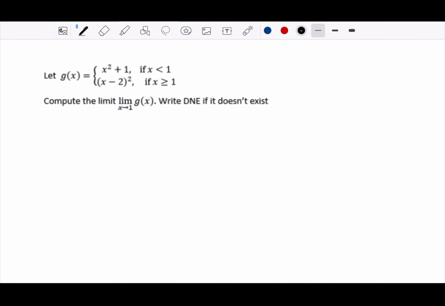I think it's a little bit blurred, but the idea is, if you have any piecewise defined functions and you need to prove whether the limit exists or not, or compute the limit if it exists, we are going to evaluate each part of this piecewise defined function. The basic idea for a piecewise function is looking at the interval.